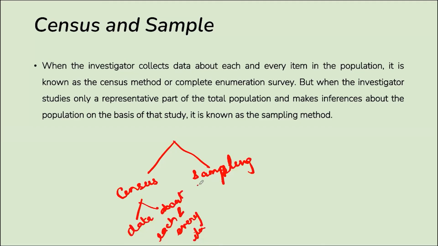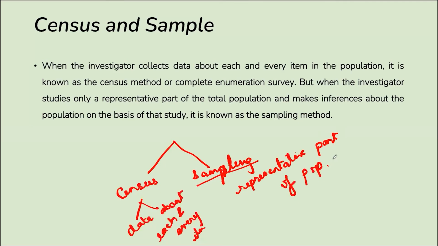But instead, if the investigator takes a sample, only a representative part of the population, which is known as a representative sample, and makes inferences about the population through that sample, this is known as sampling method.